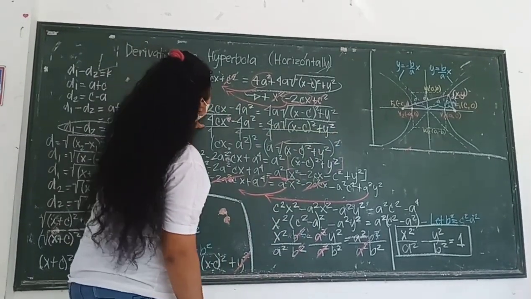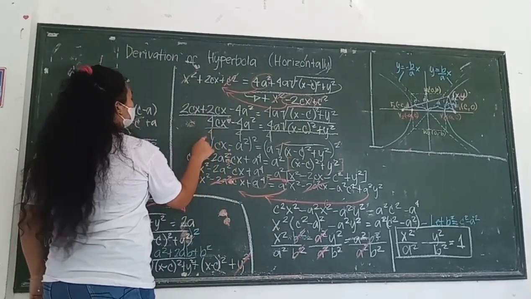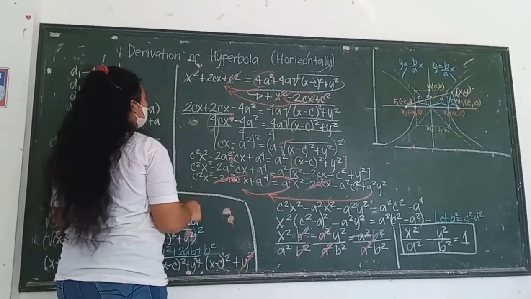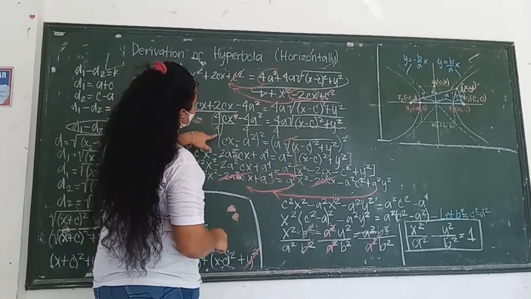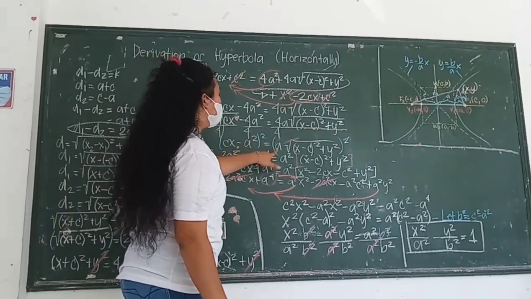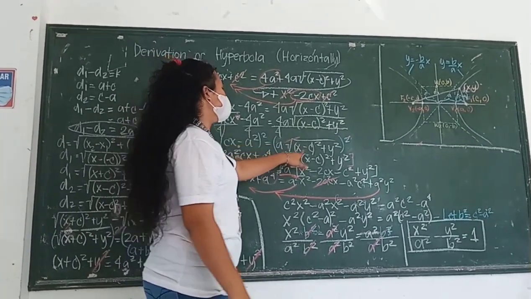I divided by 4, so this will be 1. That will be cx minus a squared is equal to a square root of x minus c squared plus y squared.